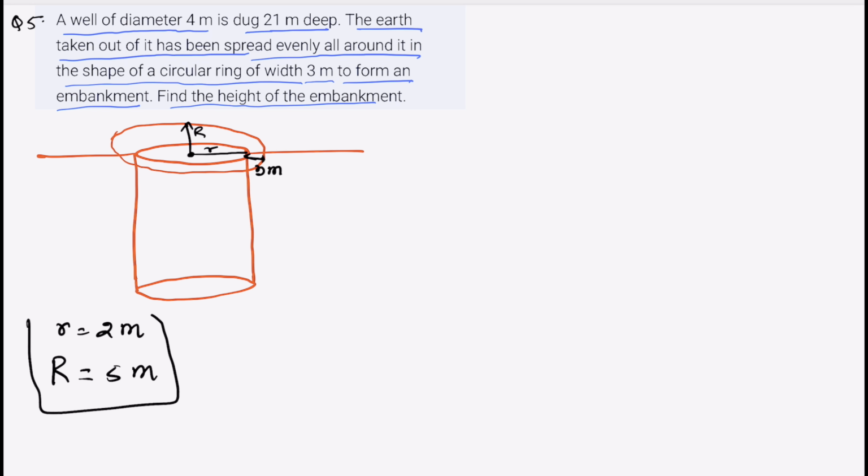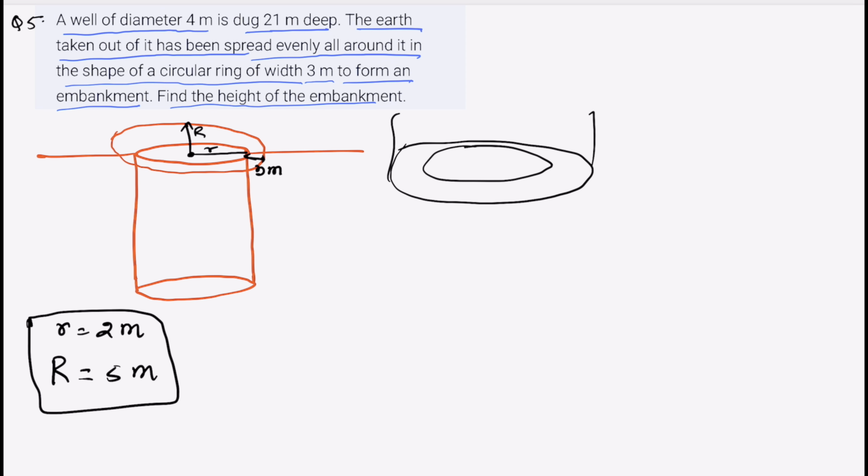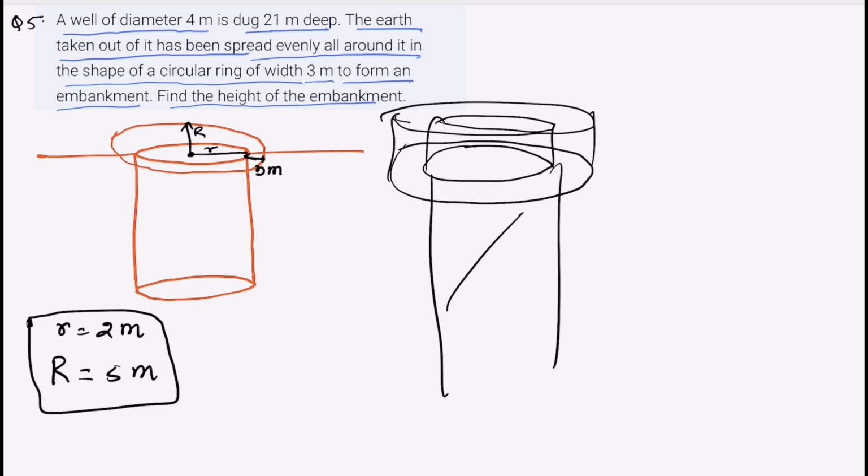Okay. Now outside this well we will get a hollow cylinder like this, and this is the well below the earth. So what we have to find is the height of this embankment.